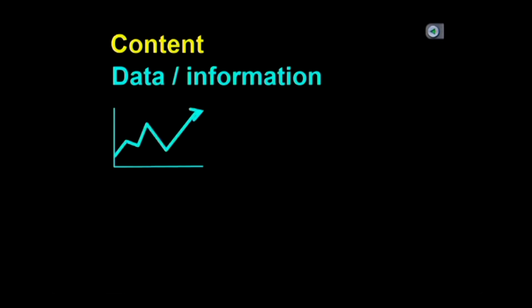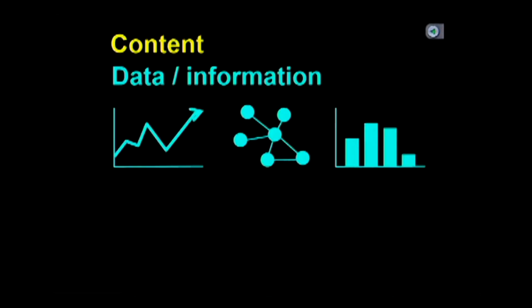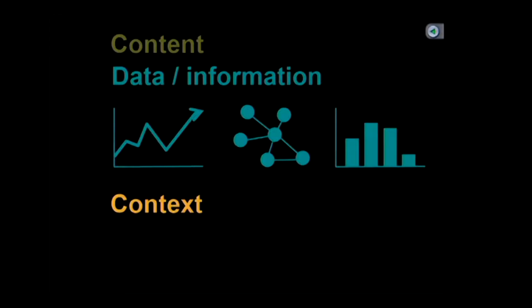Content is often pretty straightforward. It's the information that you're setting out to visualize, from time series to interconnections to category comparisons and beyond. The data set influences the form of the visualization.